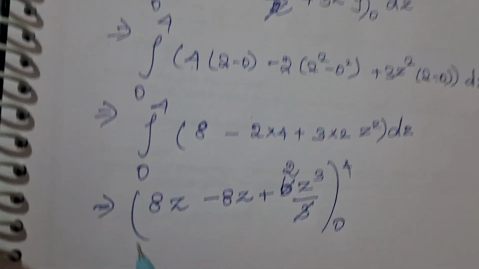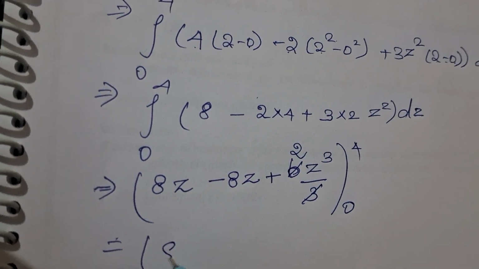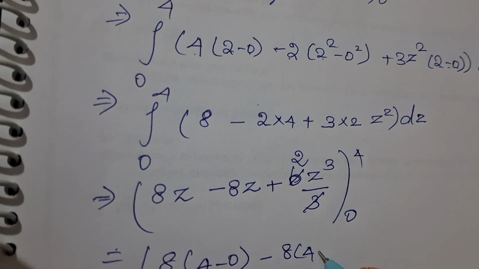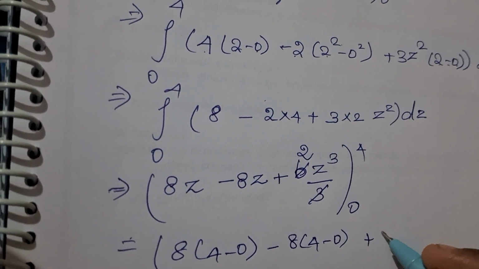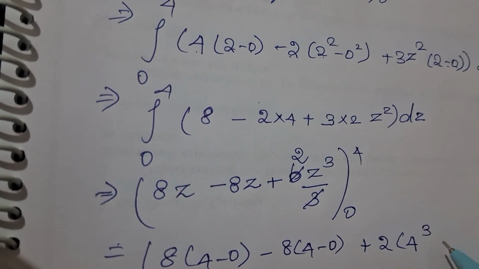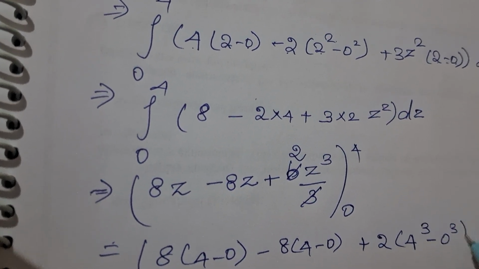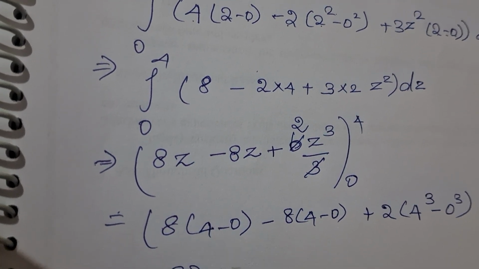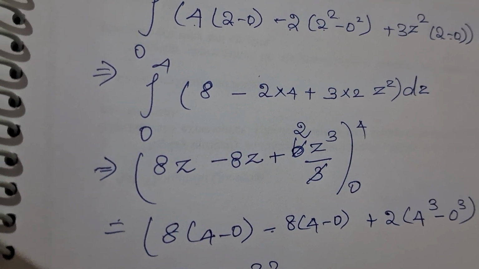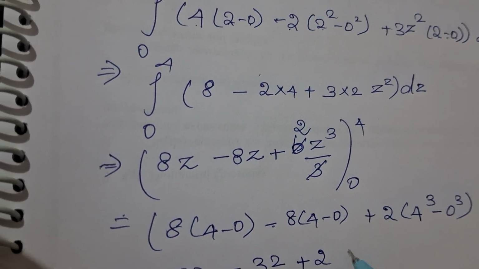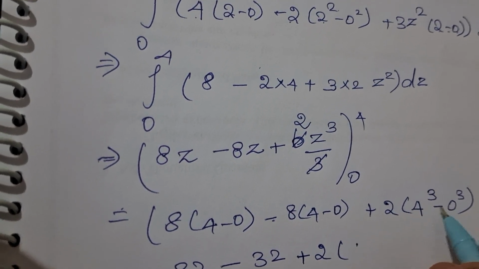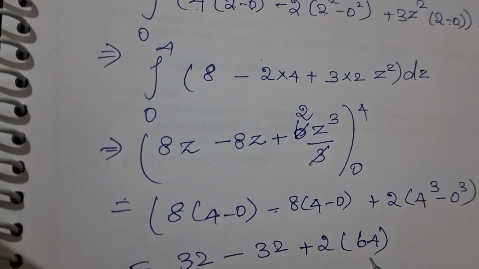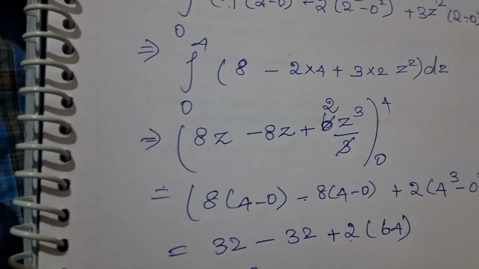Applying the limit: 8 into 4 is 32, minus 8 into 4 is 32, plus 2 into (4 cube minus 0 cube). 4 cube is 64, so 32 minus 32 is 0, and 2 into 64 is 128.